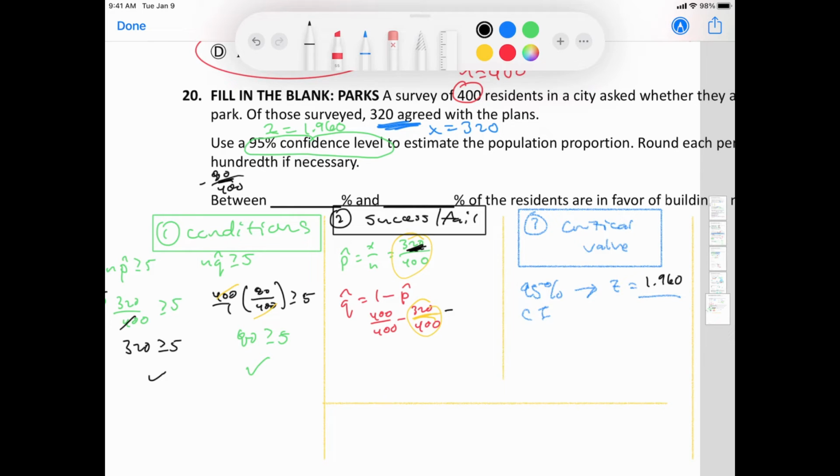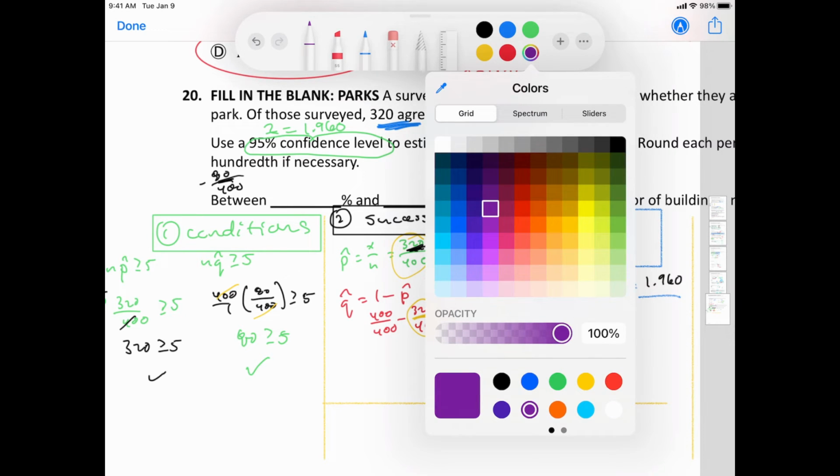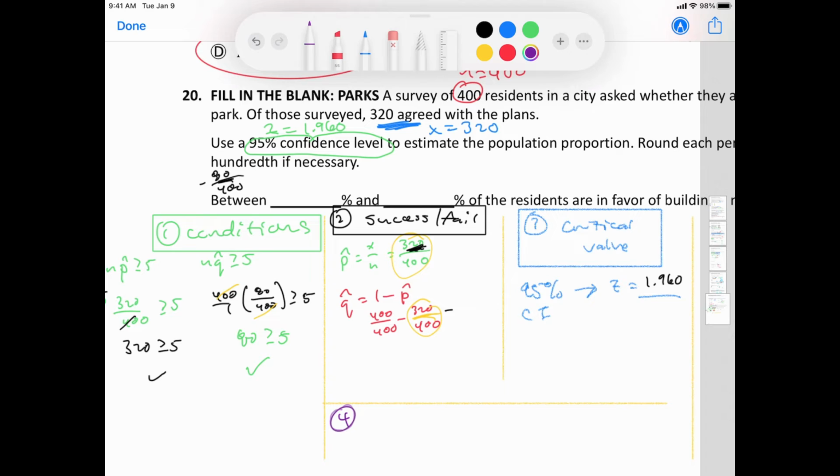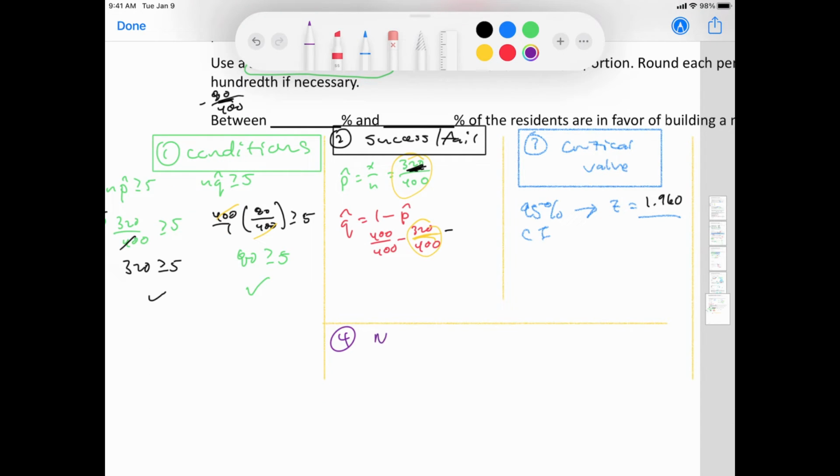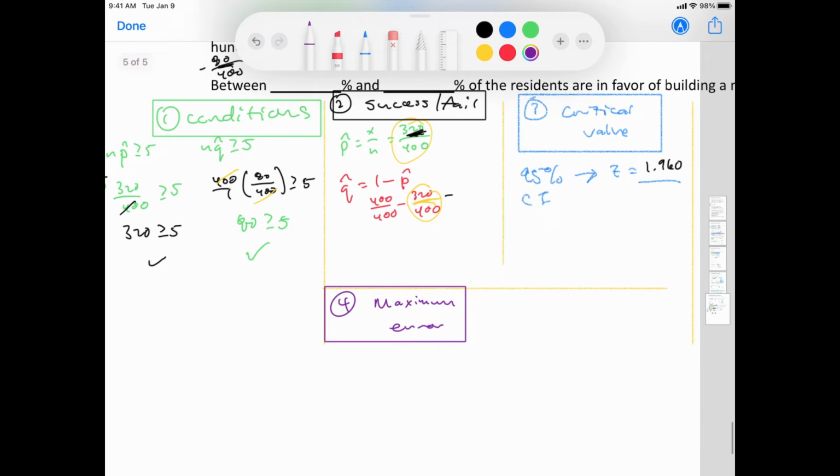Number 4, I need to figure out the maximum error. And that formula is what we did previously.